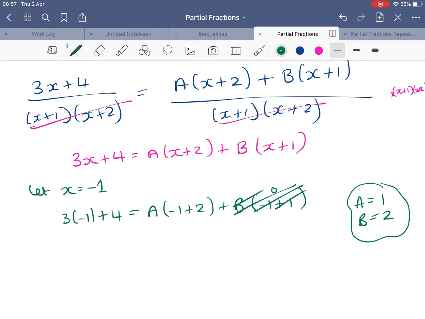So what we're left with now is just an equation where the only unknown thing is the letter a. So let's work out the left-hand side. Minus 3 plus 4 is 1. Let's work out what's inside the brackets next to the a. Minus 1 plus 2 is 1. So I've got 1 equals 1a. So guess what? a equals 1.